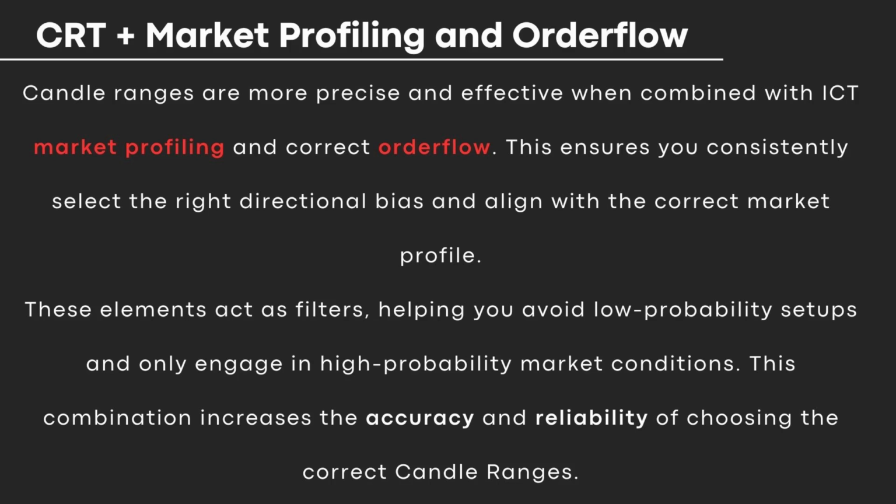You will avoid them and only participate and engage with the quality and higher probability conditions, right? This combination increases the accuracy and reliability of choosing the correct candle ranges or CRT. And you know that when these concepts are integrated correctly, they'll help you in selecting the correct CRT more accurately, right? I will discuss this later in the video.